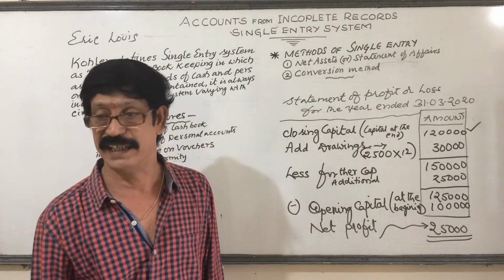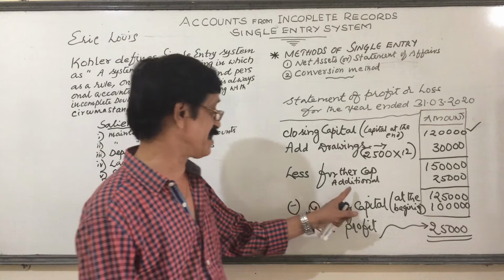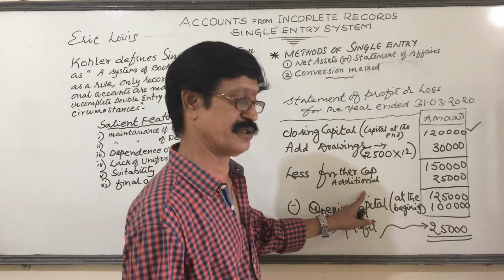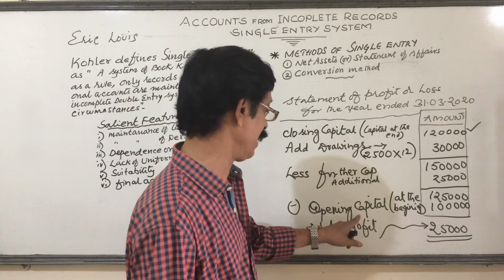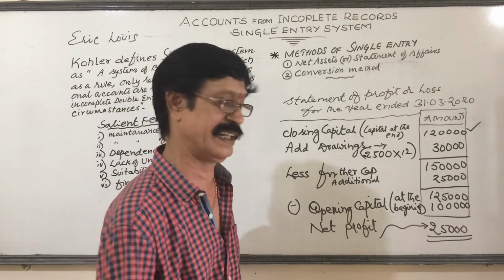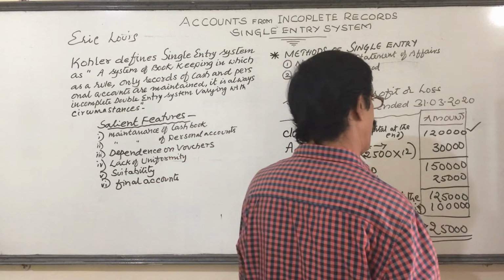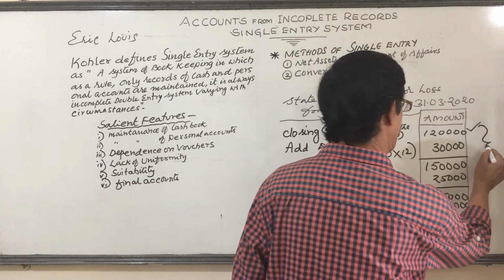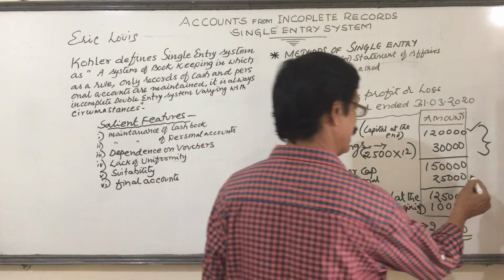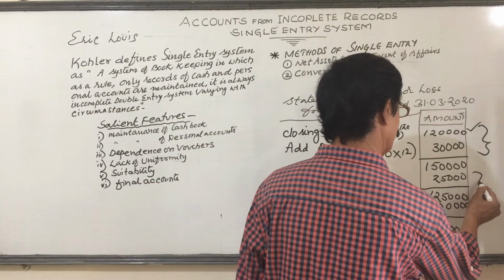Minus, we deduct the additional capital introduced during the year, the further capital introduced by the owner, and also the year-beginning capital. Additional capital and opening capital are both deducted. So what two are added? Closing capital add drawings. Minus opening capital, minus additional capital, both are deducted. Understand?